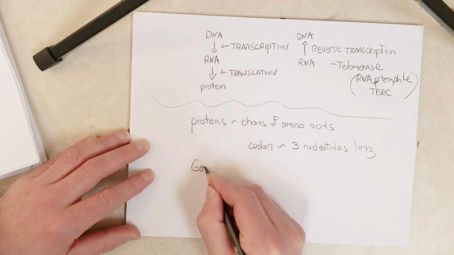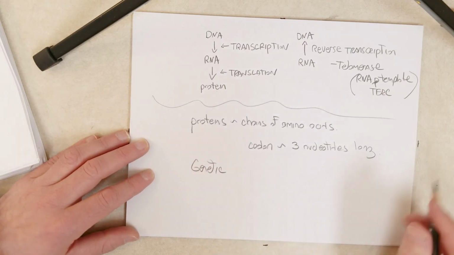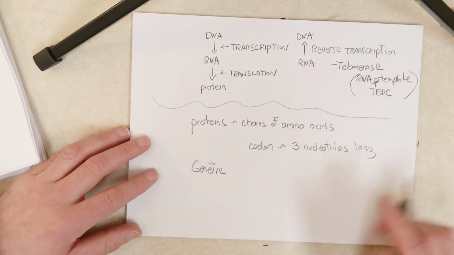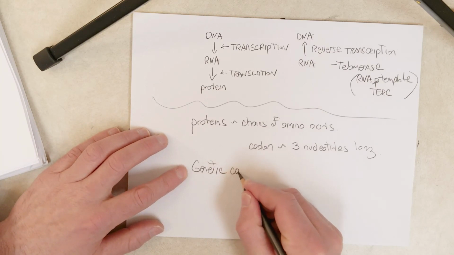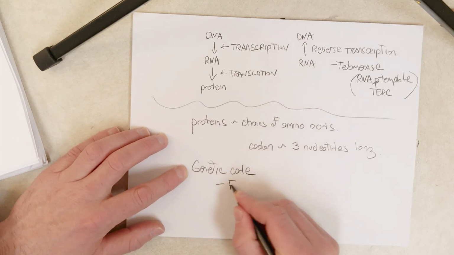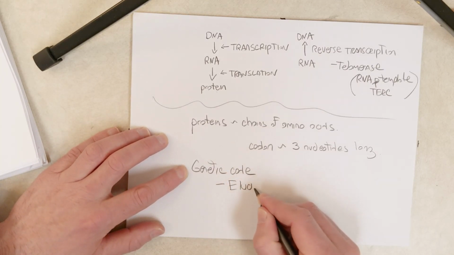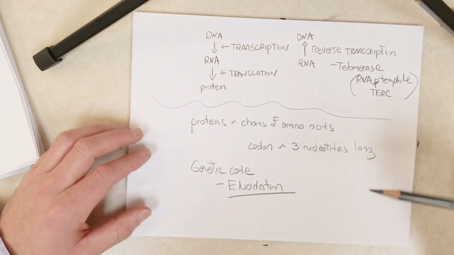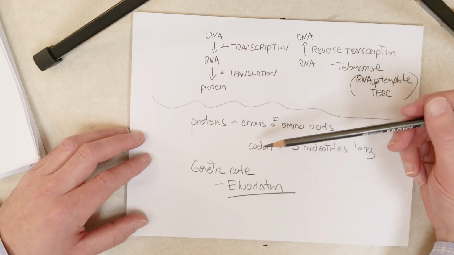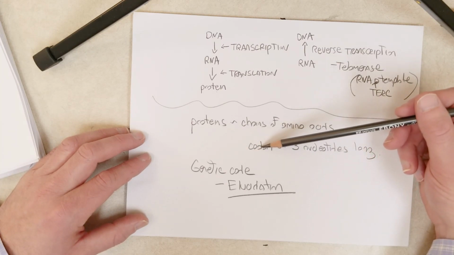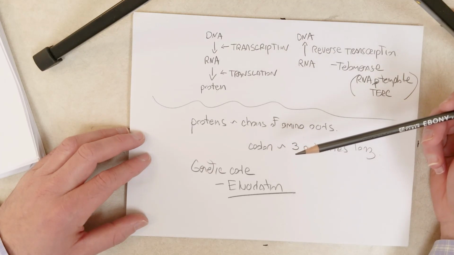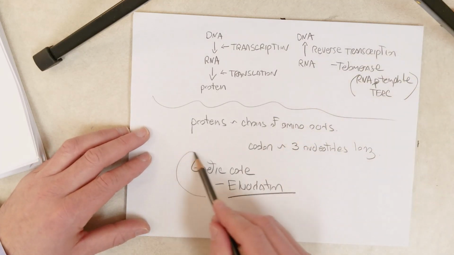The main theme of this video will be the genetic code. Specifically, how was it elucidated? How was each codon in the genetic code matched up with the amino acid that codon specifies? We're going to talk about this story.